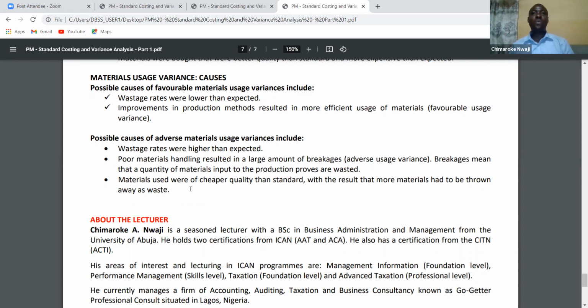Then after that, we'll be looking at sales variances. And when we look at sales variances, we will see how we can reconcile the fixed production profits with your actual result. That's a reconciling statement.